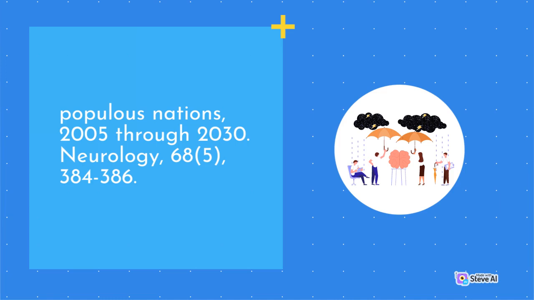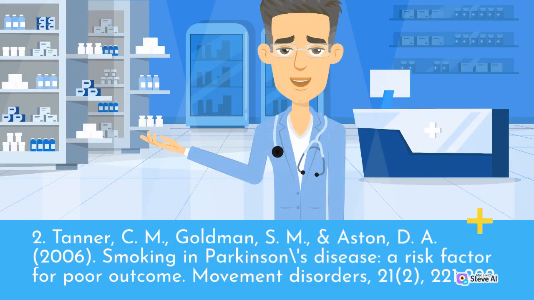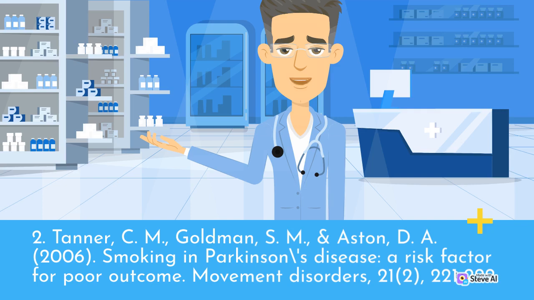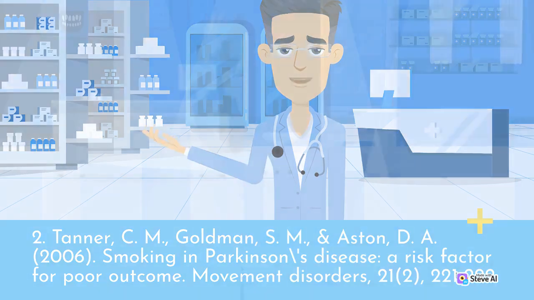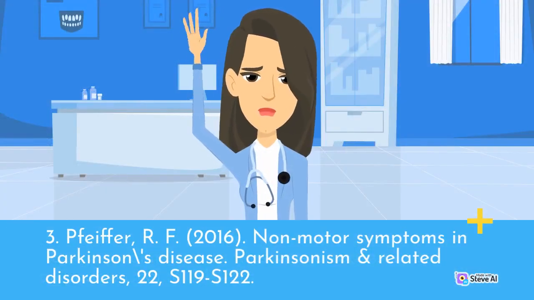Neurology, 68.5, 384 to 386. 2. Tanner, C. M. Goldman, S. M. and Amp, Aston, D. A. 2006. Smoking in Parkinson/is disease, a risk factor for poor outcome. Movement disorders, 21-2, 221 to 222. 3. Pfeiffer, R. F. 2016.